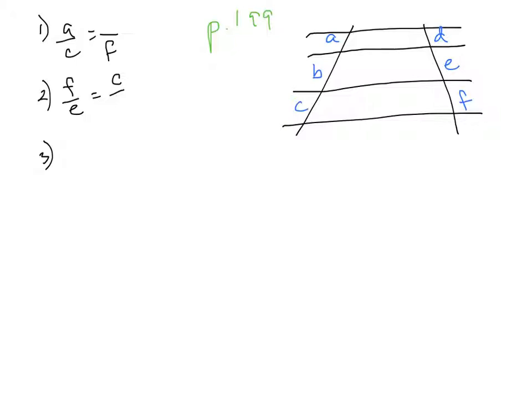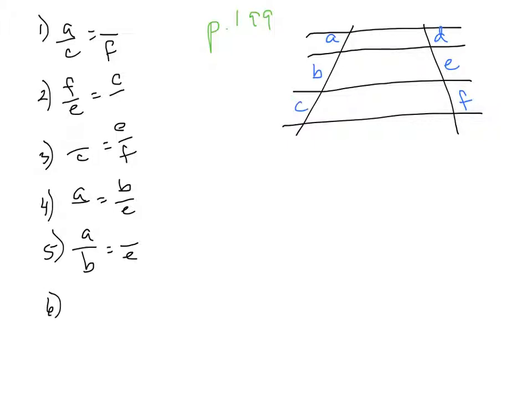And then blank is to C as E is to F. A is to blank as B is to E. And 5, A is to B as blank is to E. And finally 6, E is to blank as F is to C.